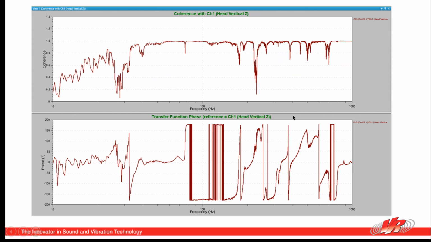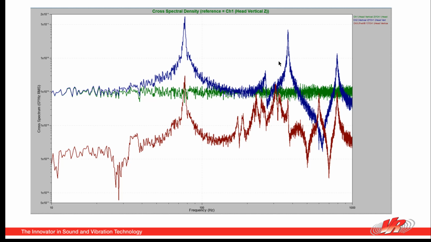If we go back to the coherence, we find that there is quite a bit of coherence difference, particularly in this range, all indicating that channel 3 is not having the same kind of signals as channel 1. So those are a couple graphs and the cross spectrum plot.